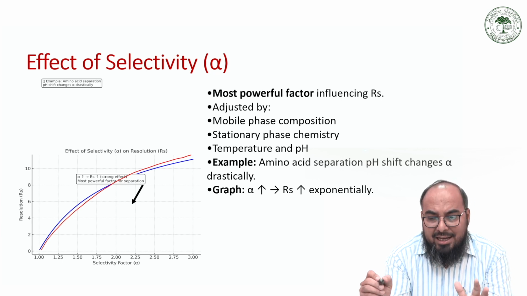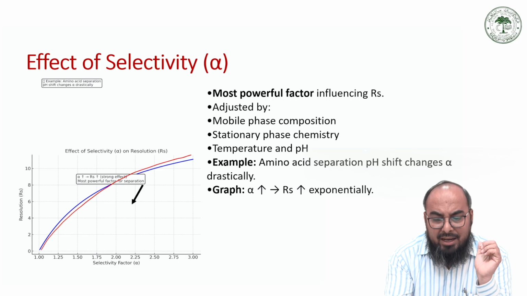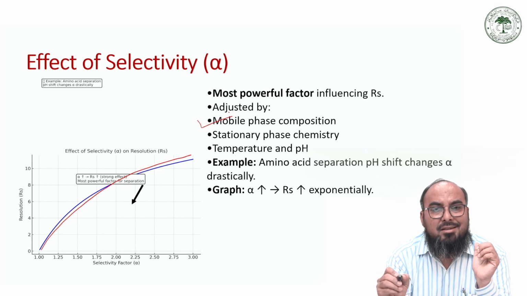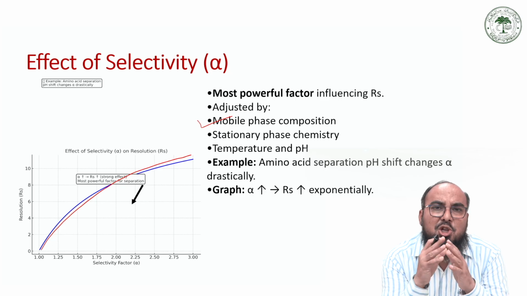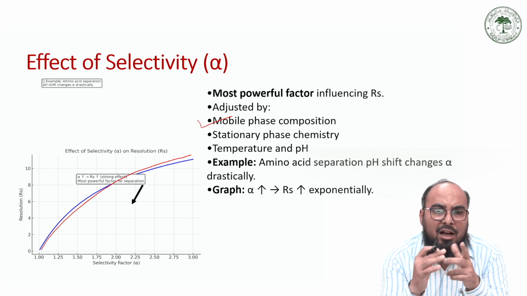Alpha can be adjusted by adjusting the composition of the mobile phase. Similarly, we have to look into the stationary phase chemistry, which type of stationary phase you are using, whether alumina or some resin.